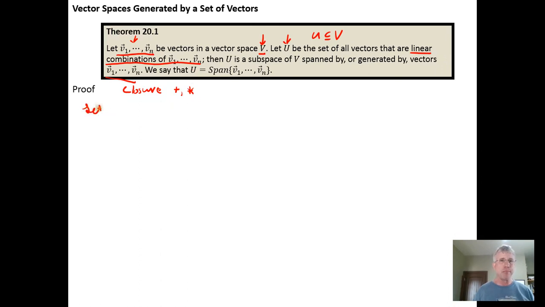So we'll say let u and w be vectors in the set U, where U is that set of all possible linear combinations of vectors V sub 1 through V sub n, and let c be a scalar. So c is just a real number. So if u and w are in the set U, we know something.